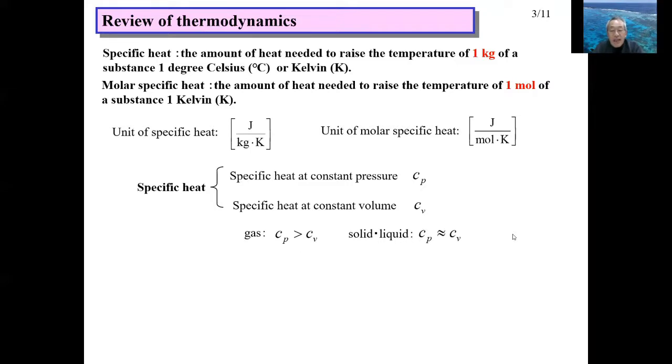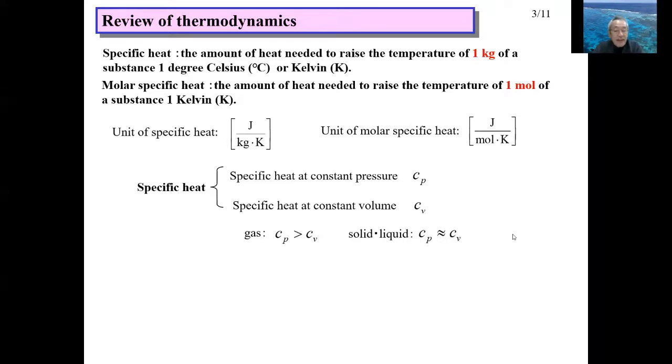When the gas gets hot, the pressure rises and gas tries to expand. Expansion means the gas does work to the outside. In other words, a part of supplied heat is consumed for the work to the outside.